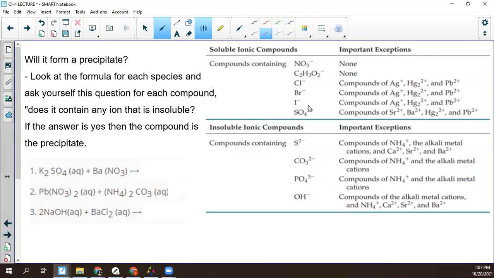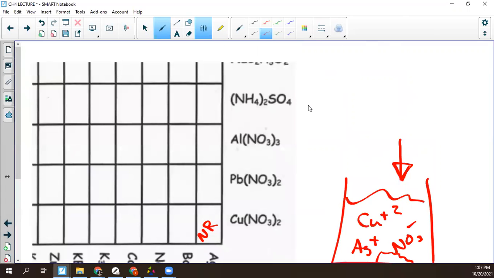All right, any ideas? What could I put in there? Bromine, okay. So I'm not going to pour bromine in.